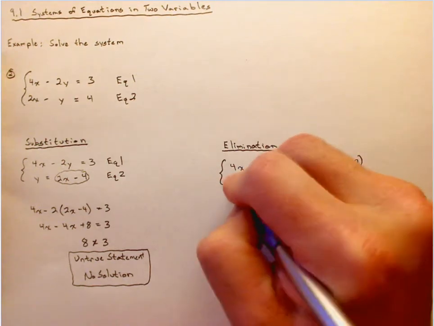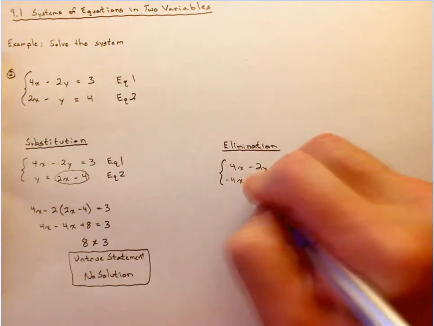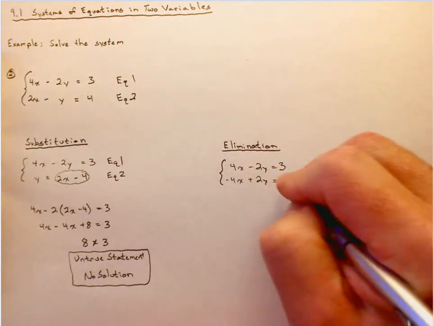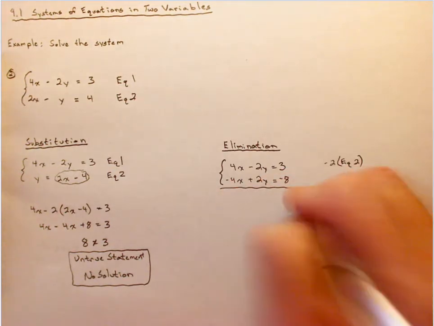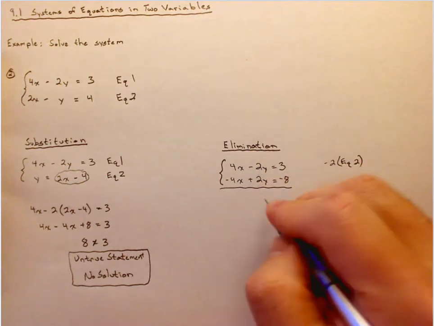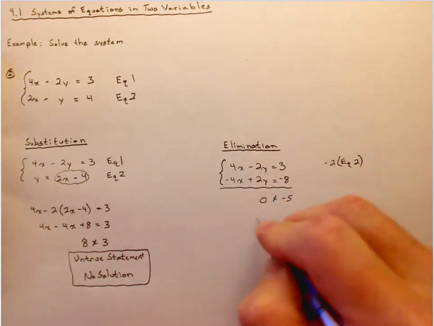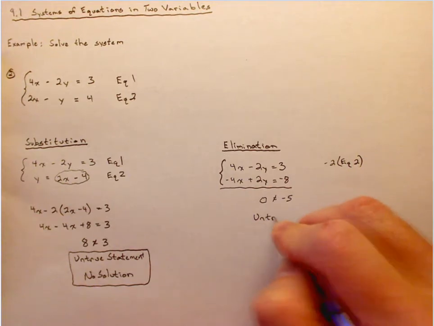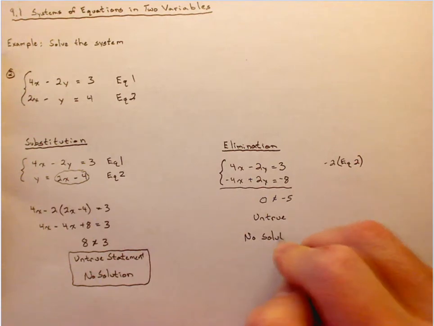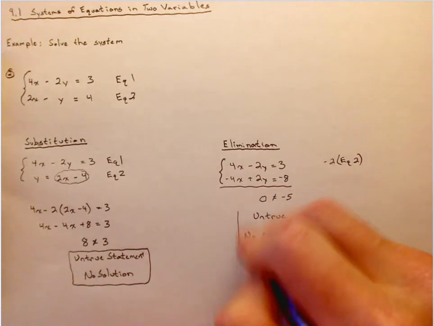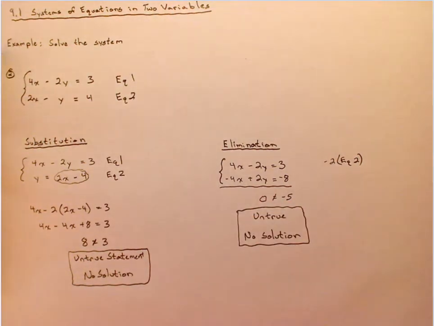And then that becomes a negative 4x plus 2y equals a negative 8. And whenever I add those together, all my variables cancel. I'm left with 0 equals a negative 5. Again, untrue. No solution. That means they're parallel lines.